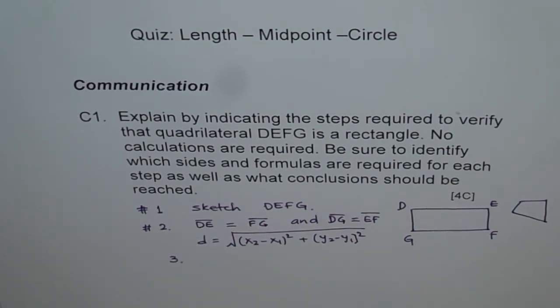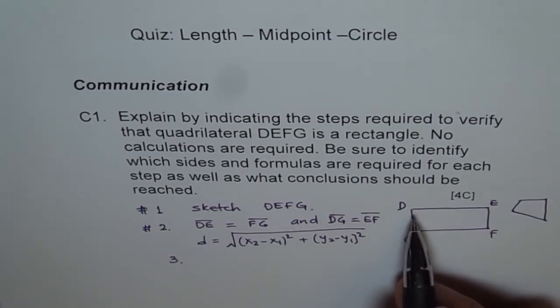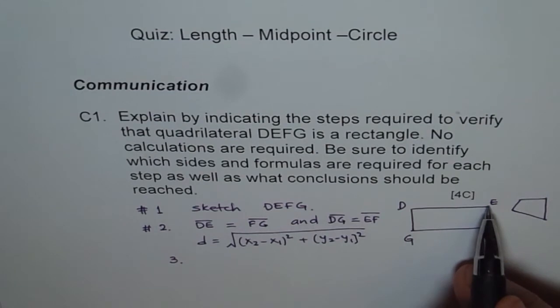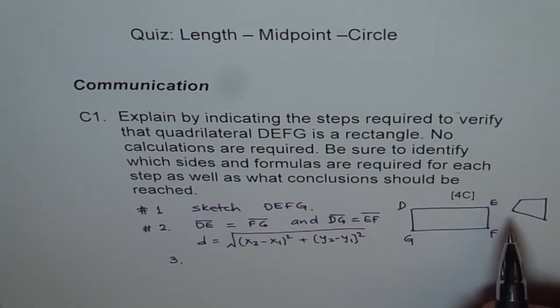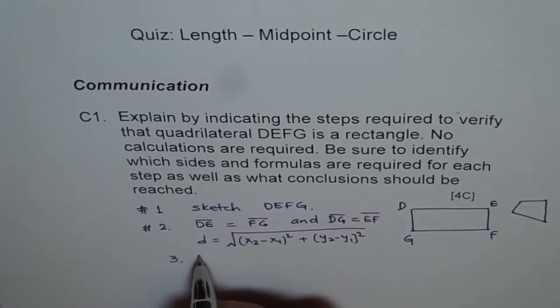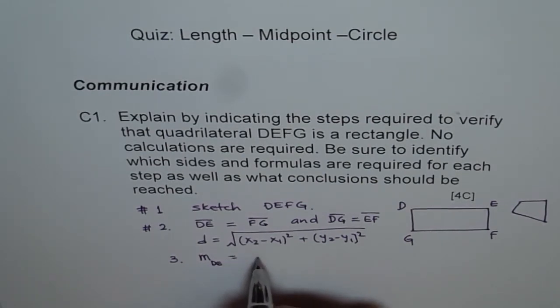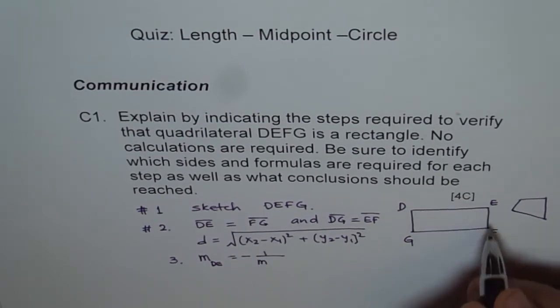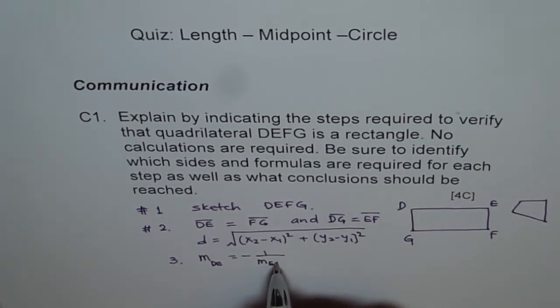Third, the slope of line DE should be the negative reciprocal of the slope of line EF, correct? So we can say the slope of DE is equal to negative 1 over the slope of EF. And how do you find slope?